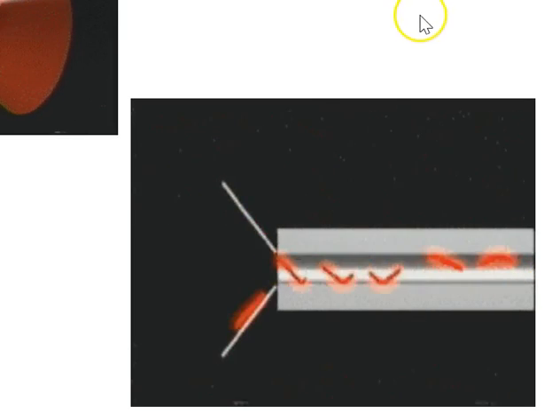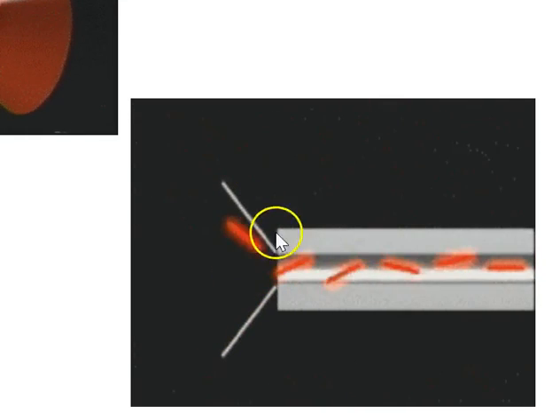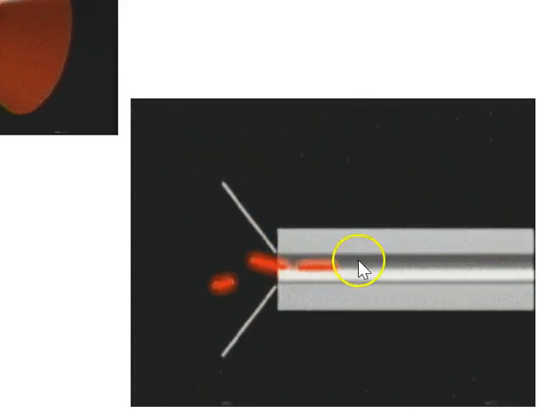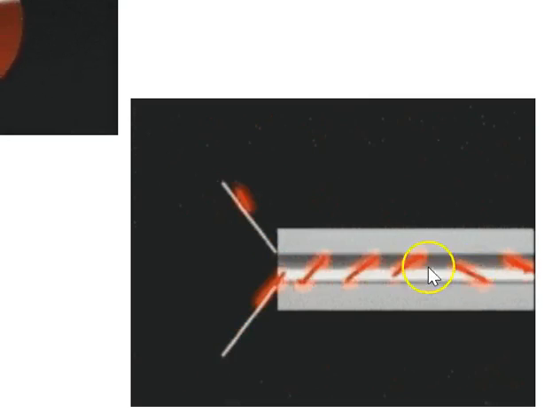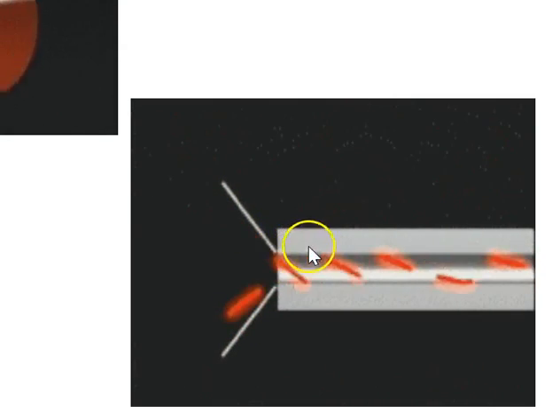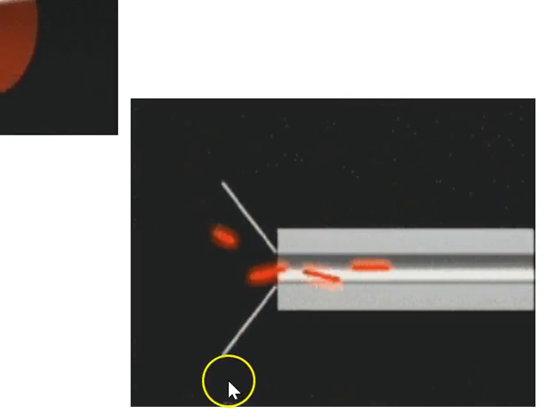You can see that the light within the acceptance angle, or within the numerical aperture, will experience total internal reflection. The light outside the numerical aperture will be refracted into the cladding.